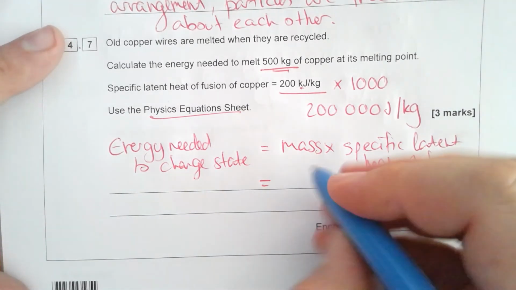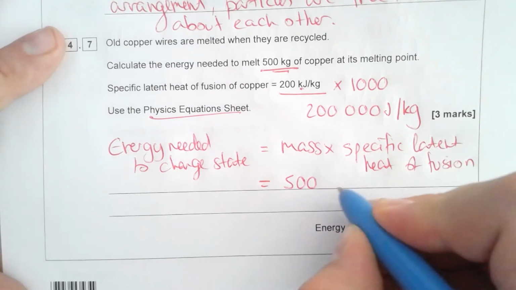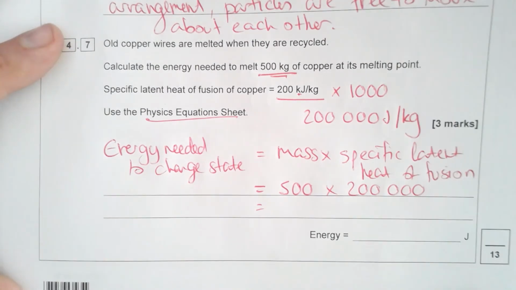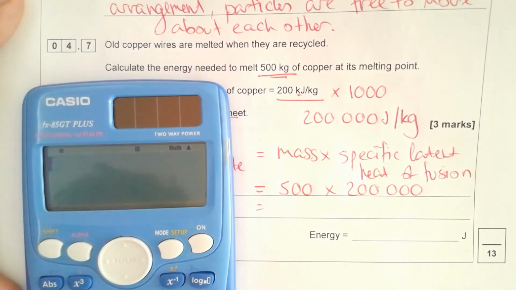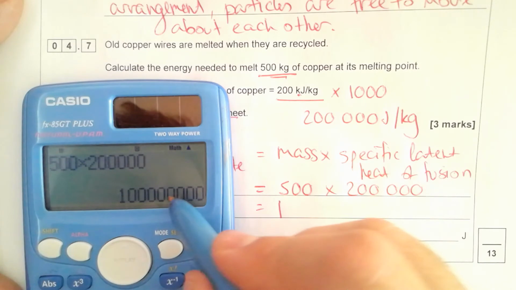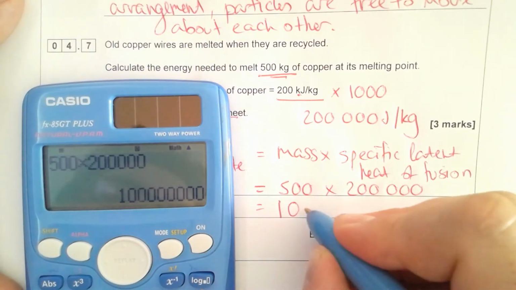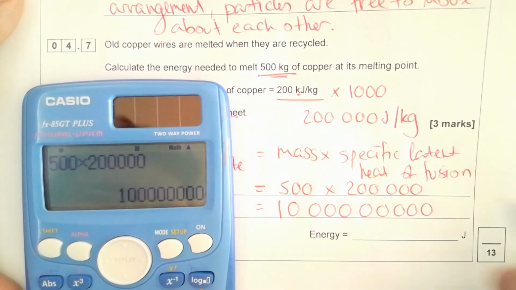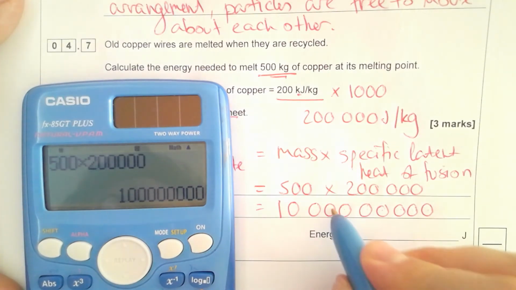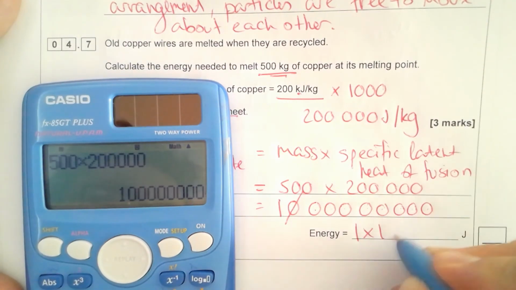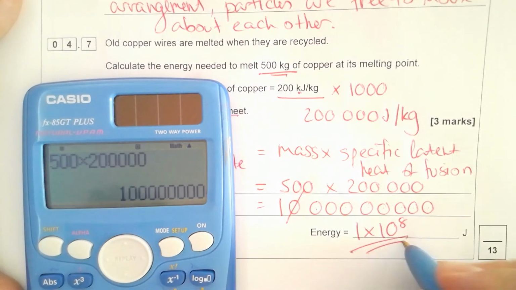So that is 500 multiplied by 200,000, which is 1 with 8 zeros. So we could write 1 times 10 to the 8 joules. So quite a lot of energy there.